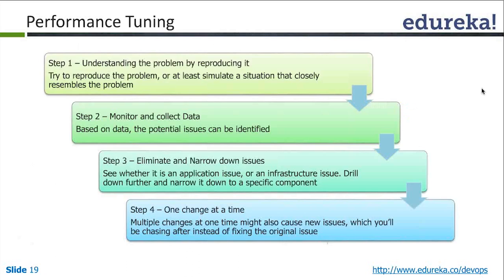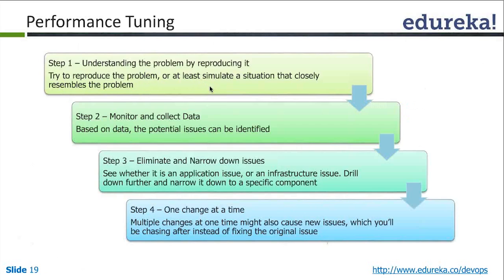So performance tuning: understanding the problem by reproducing it. Sorry, try to reproduce the problem, or at least simulate it. We don't really do these things as a DevOps engineer. We would analyze it by gathering statistics and putting them into a graphical form.